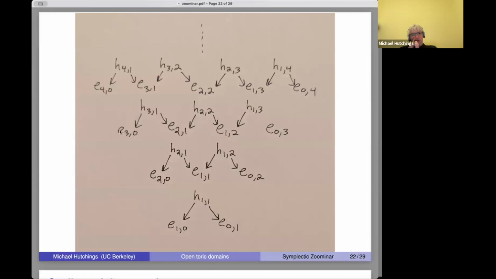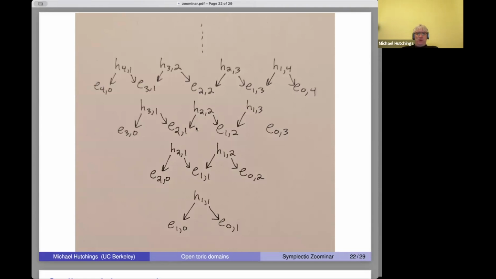So there's one generator, so the homology still is rank 1. Anyway, here the homology still is rank 1, but E12 is null homologous because it's the differential of H13, and these others are null homologous also.